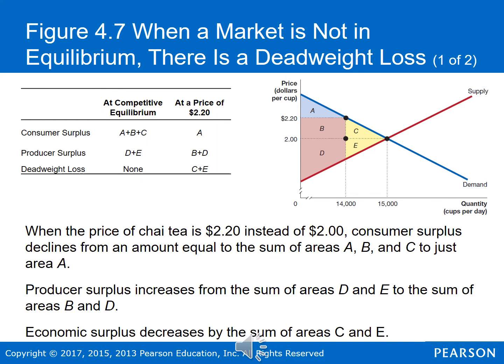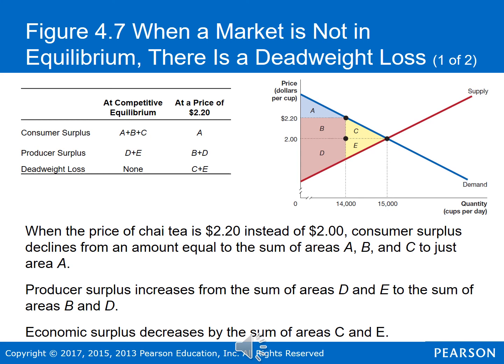Now the producer surplus is going to be areas B and D, the difference between the new price and the supply curve for all the quantities that are being traded. Now areas C and E represent the trades that are not taking place because the market's out of equilibrium. So in this case, there's 1,000 cups of tea that are not being traded per day.